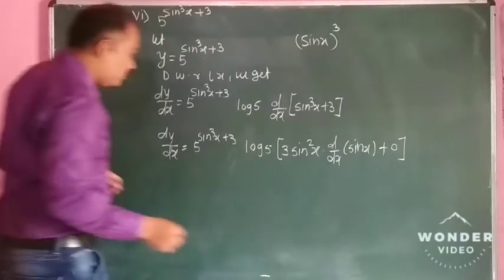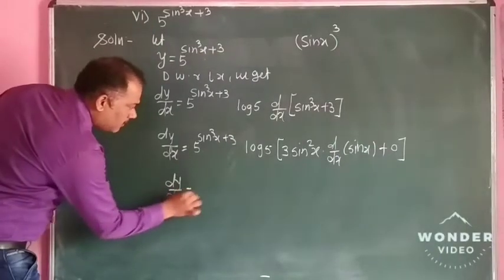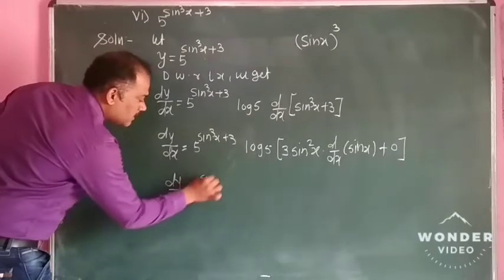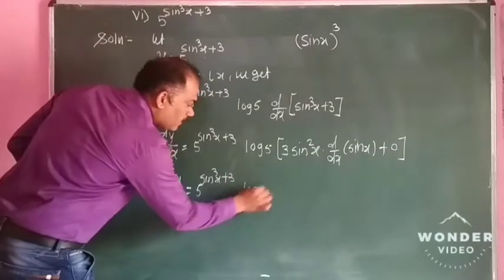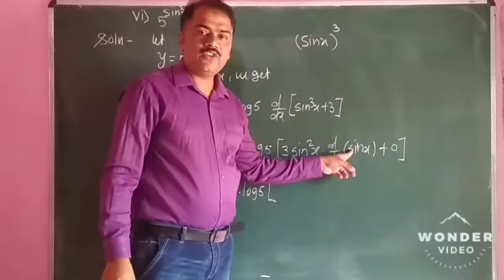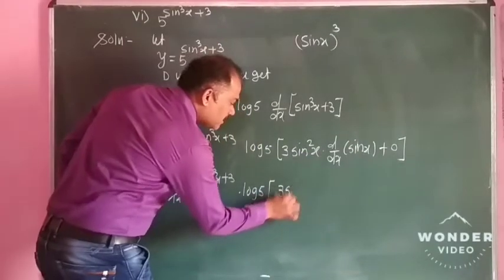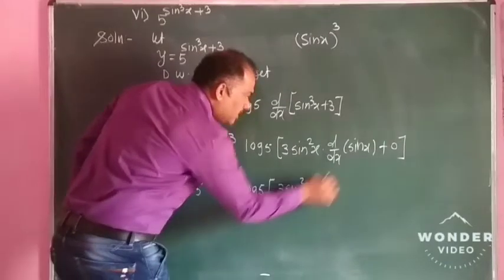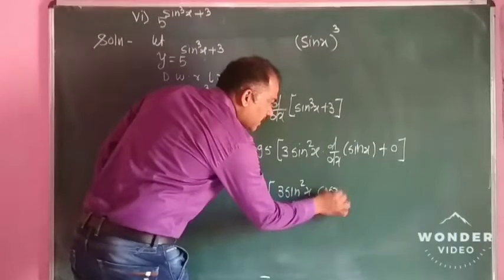Now we rewrite as dy by dx is equal to 5 raised to sine cube x plus 3 into log of 5 into 3 times sine square x into the derivative of sine x with respect to x. What is the derivative of sine x? It is nothing but cos x.